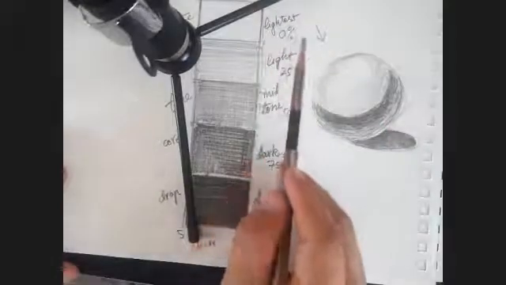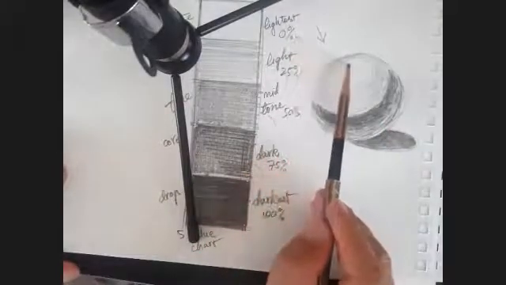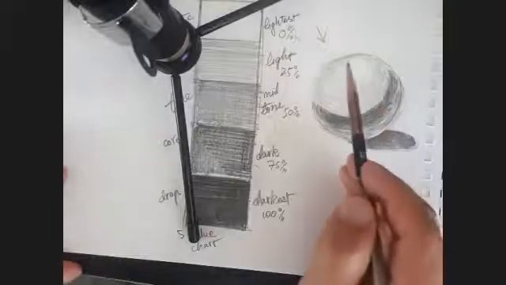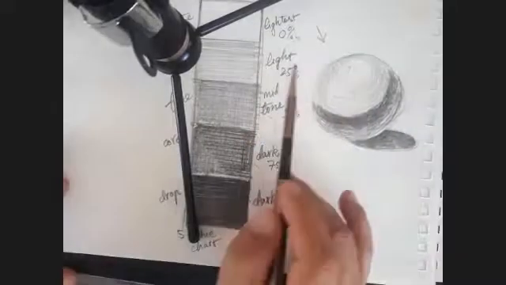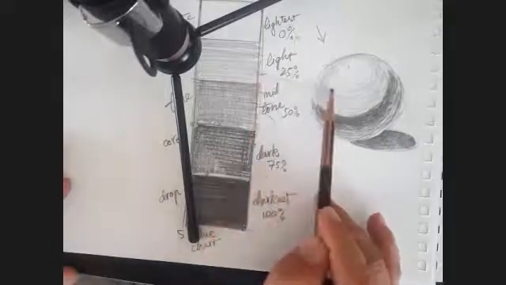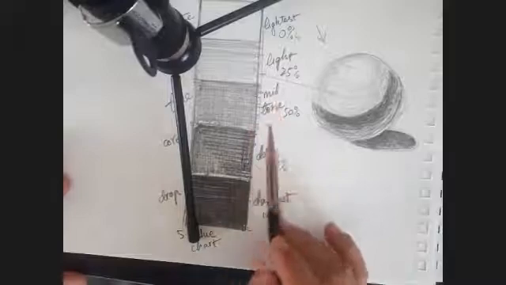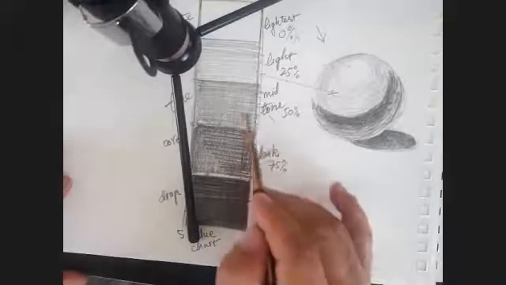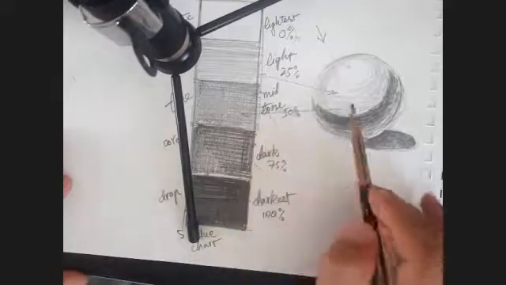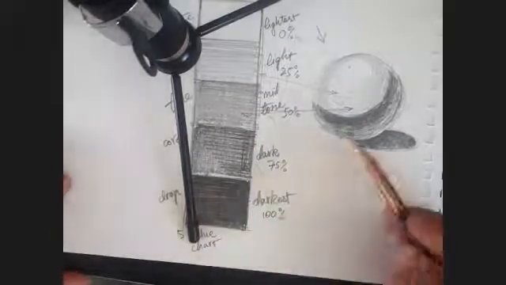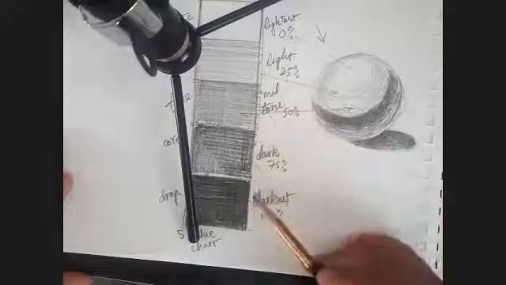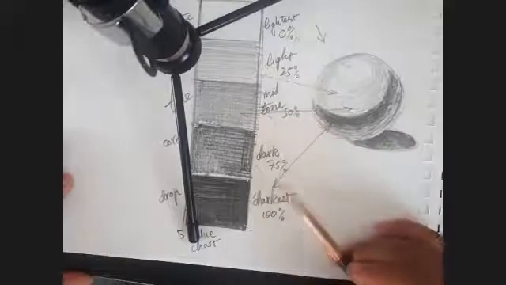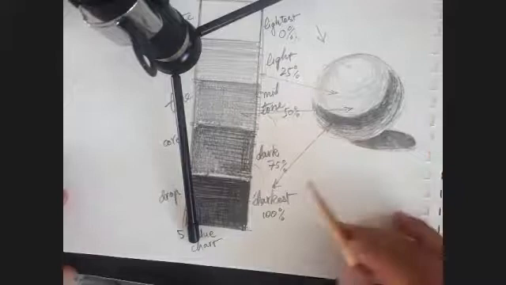So apparently the lightest goes to here, because at this point the light hits directly, and the light part goes to here, and the mid-tone goes to here, and the darkest, as I said, goes to the line that separates the light part from the dark part, and also the shadow.